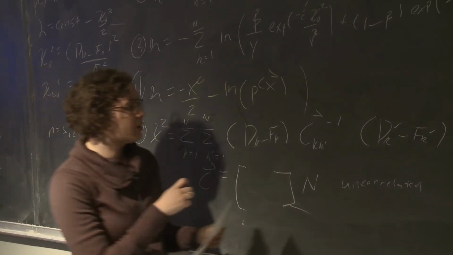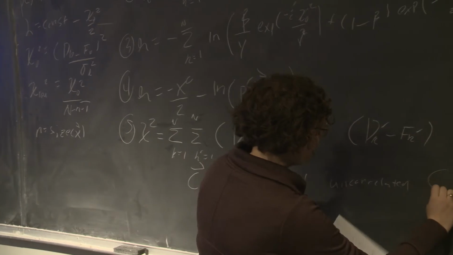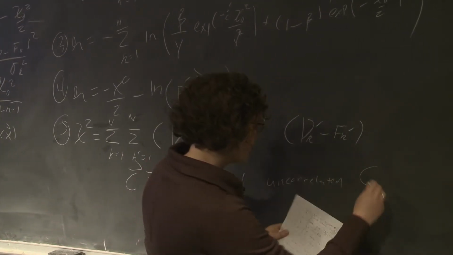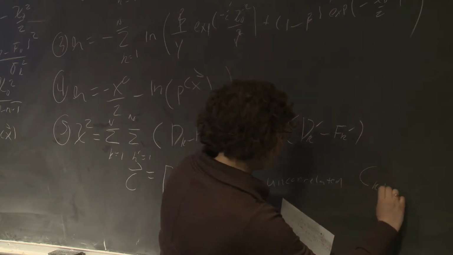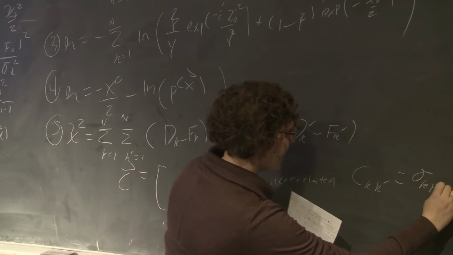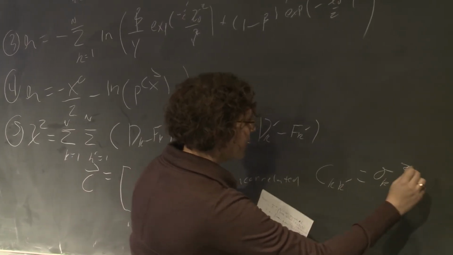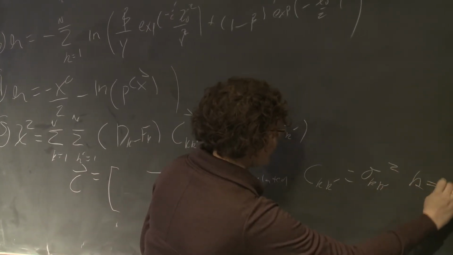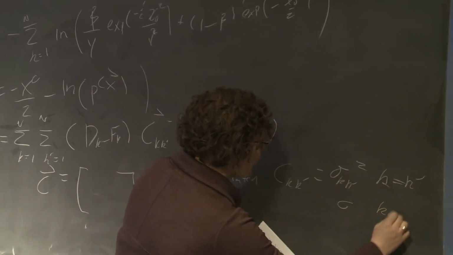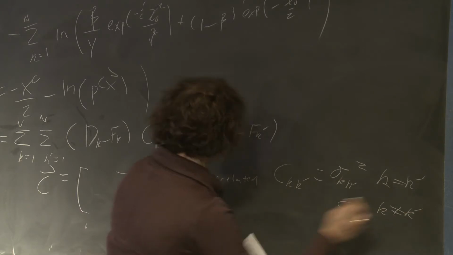So if it were uncorrelated noise, then you would only have this on the diagonals. So C_kk' would equal sigma_k' squared when k equals k', so on the diagonals, and it equals 0 on the rest of the matrix.